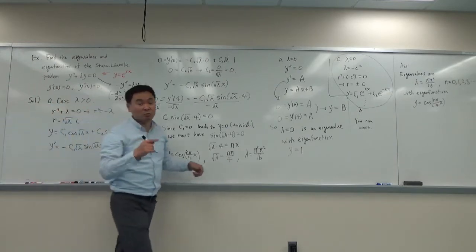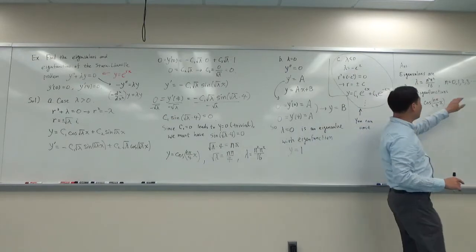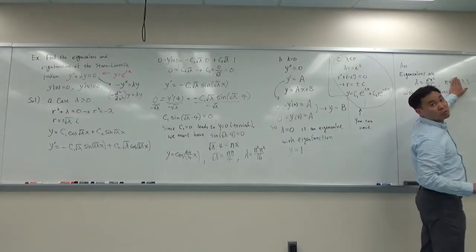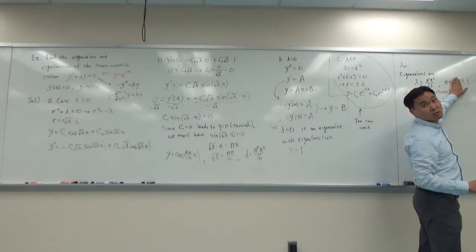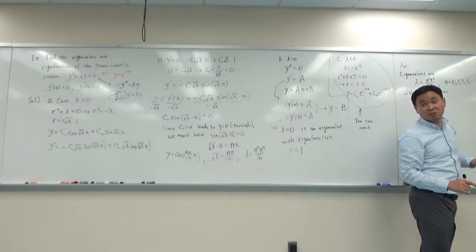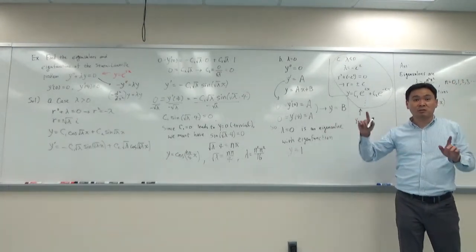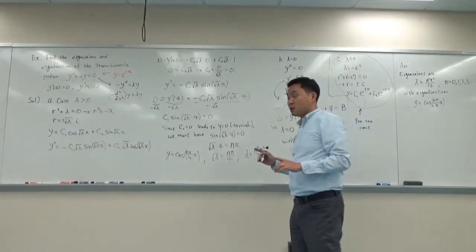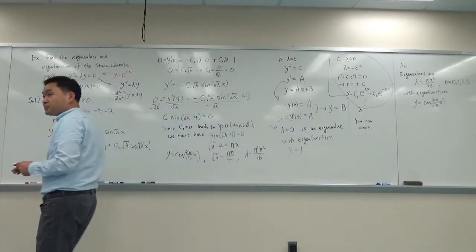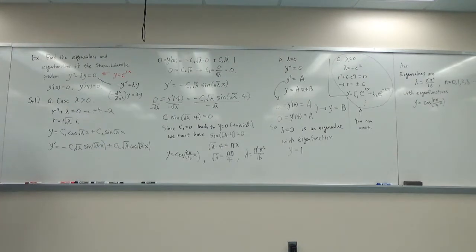There, if you look back, you'll see that I wrote down n starts from 1, 2, 3 without the 0. Here, the 0 does exist because 0 is indeed an eigenvalue. So that's the distinction between the two different types of boundary conditions. Any questions so far?